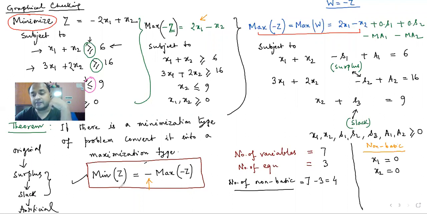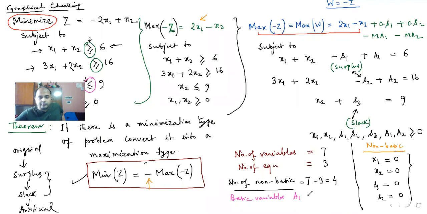So first we will put x1 equal to 0, x2 equal to 0. If I put slack equal to 0, then it will become 0 equal to 9, which is absurd. So we will put s1 equal to 0 and s2 equal to 0. All these variables will be non-basic variables. And the basic variables will be a1, s3, a2. a1 is 6, a2 is 16, s3 is equal to 9.